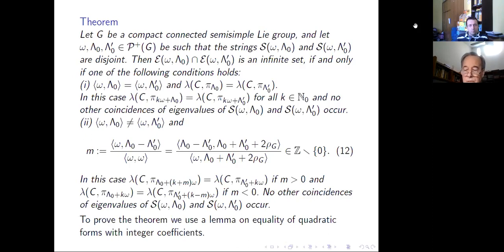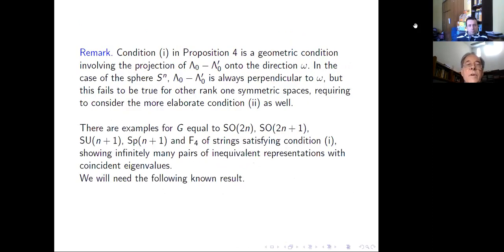Well, to prove this theorem, we need a lemma that involves a geometric condition: the projection of lambda naught minus lambda prime naught onto the direction.